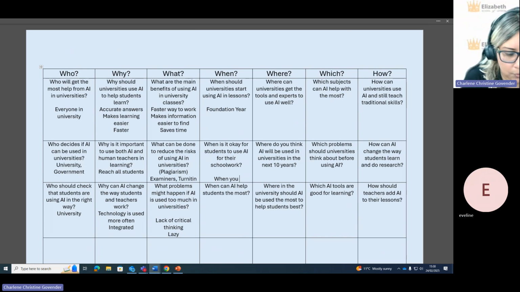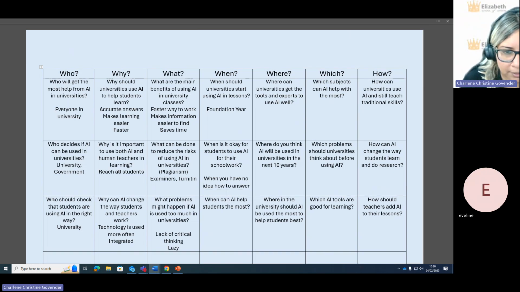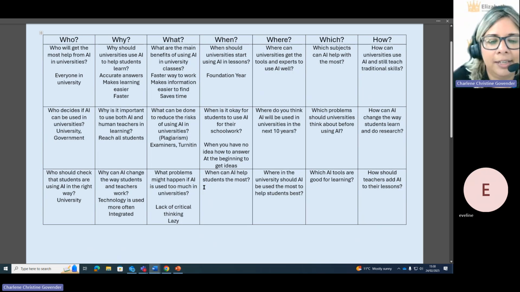When you have no idea how to answer. And I'll add in my answer at the beginning, to generate or to get ideas. Super. Now, let's look at the next question.